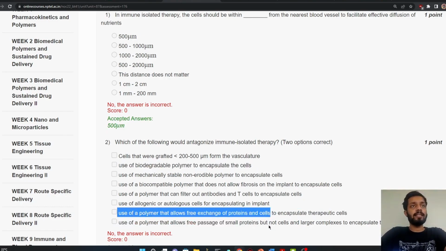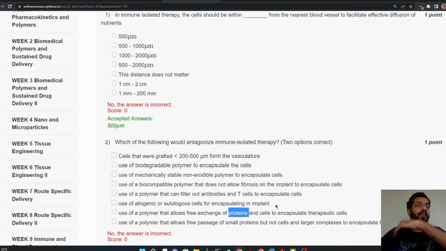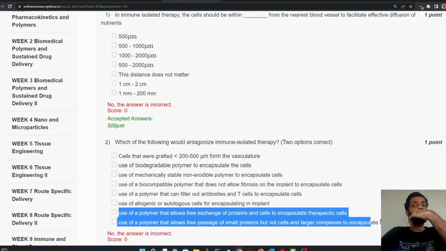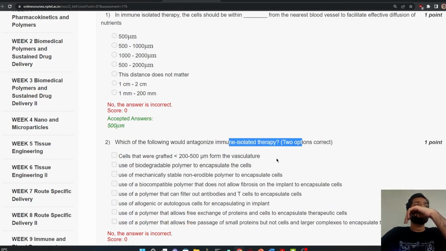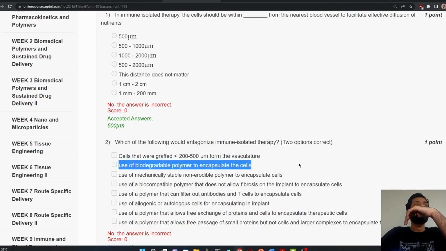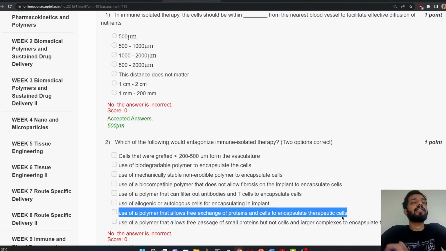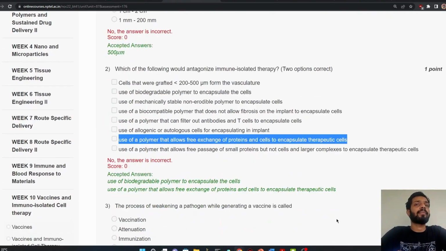Your T cells and B cells and macrophages will immediately infiltrate the polymer, neutrophils also, and then also the antibodies that are produced by B cells will freely pass because proteins are also freely exchanging. So this should also not be an ideal property for your immune isolated therapy, right? It should be non-biodegradable and it should not allow free exchange of proteins and cells.